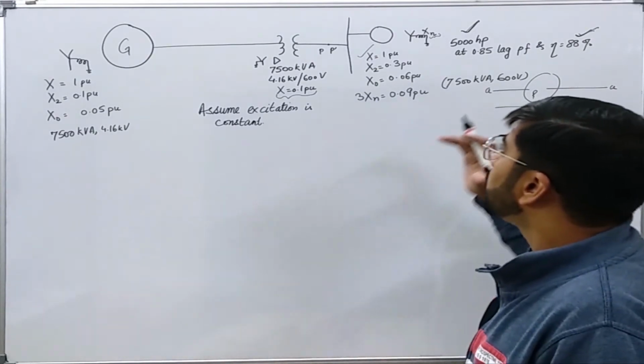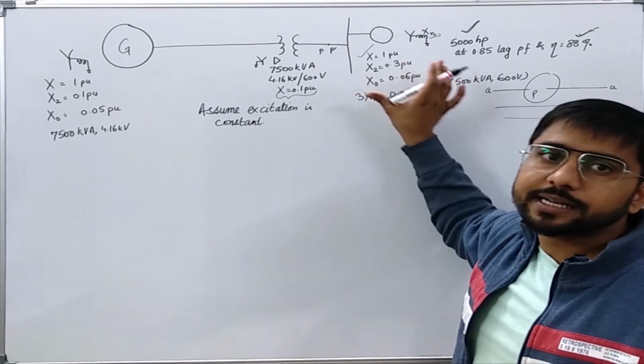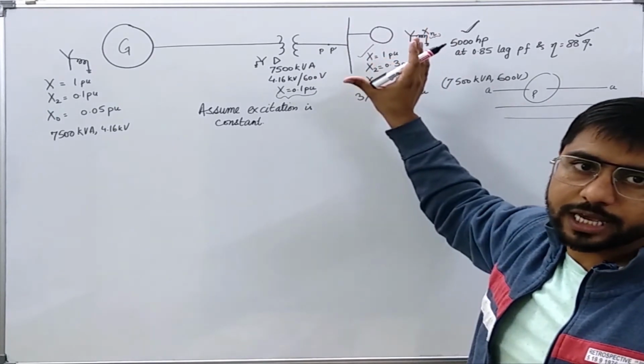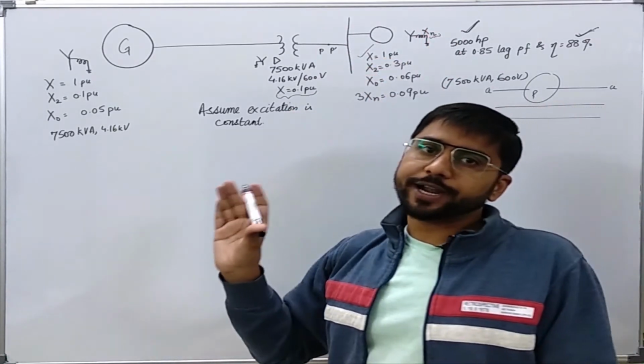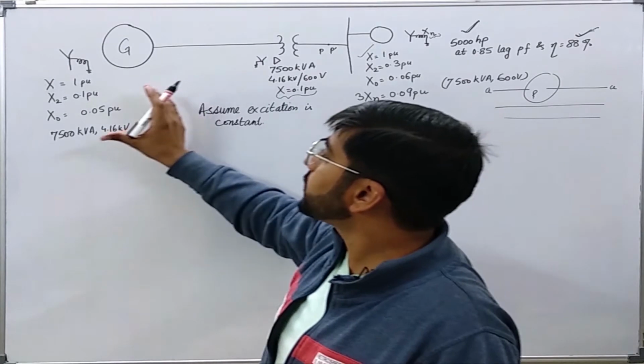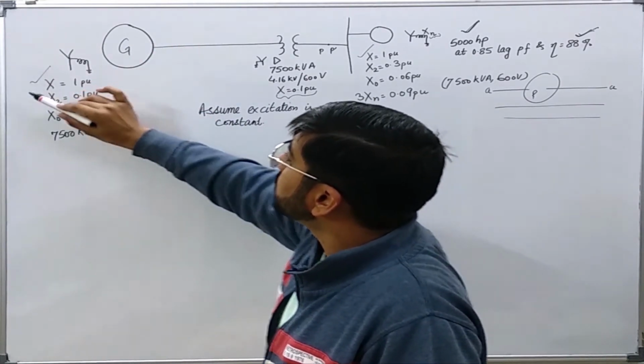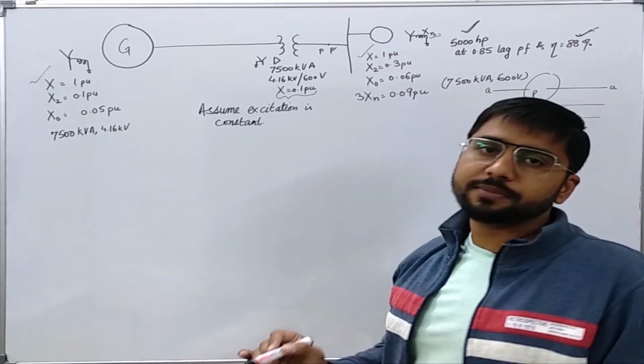So now we are investigating the steady state scenario, that is whether it can supply the load or not. So it is clear that we are going to use the synchronous reactance of both the machines.